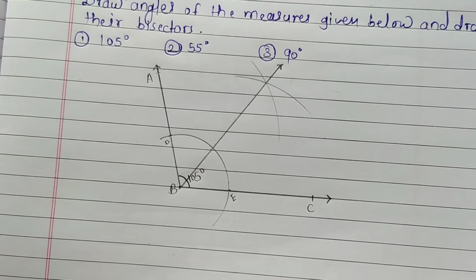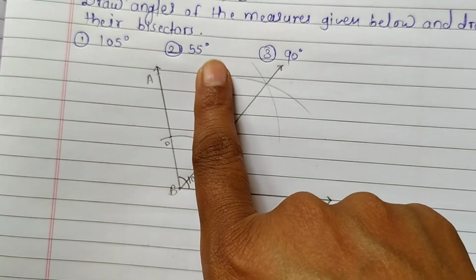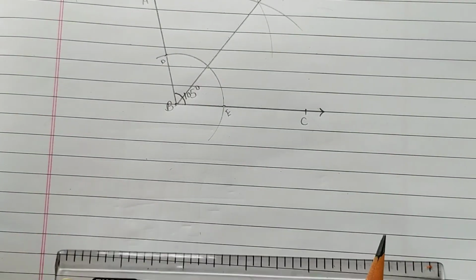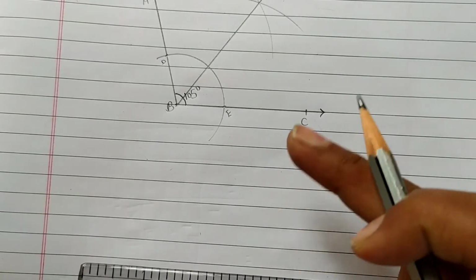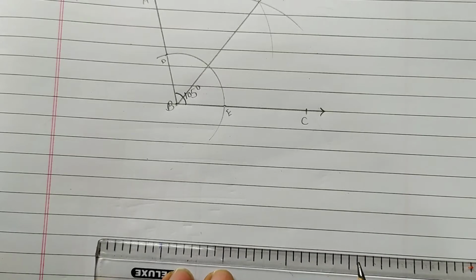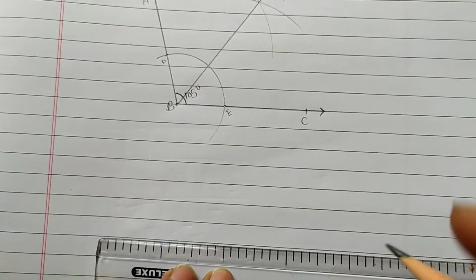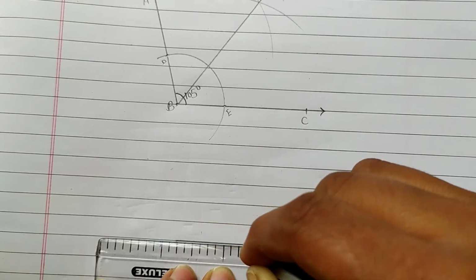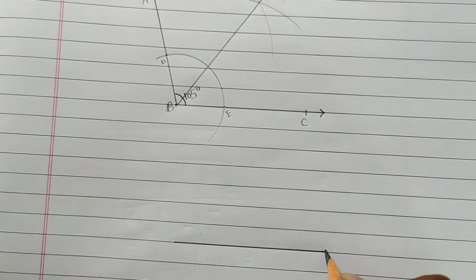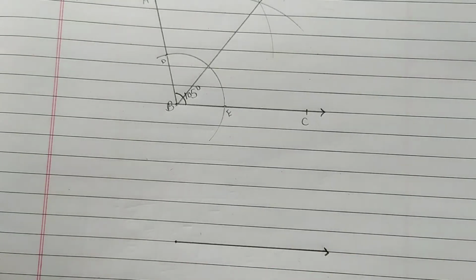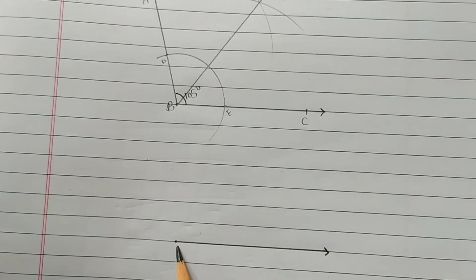Now let's draw for second question 55 degree. Let's take here a scale. Leave 4 to 5 lines on upper side. Draw here the base of an angle. Decide origin. This is our origin.